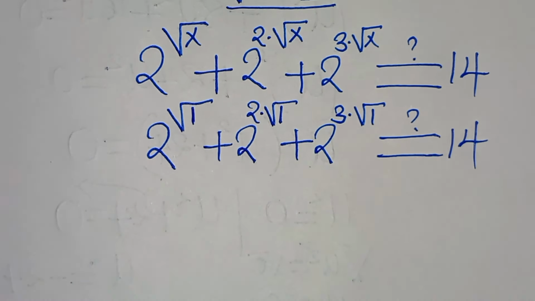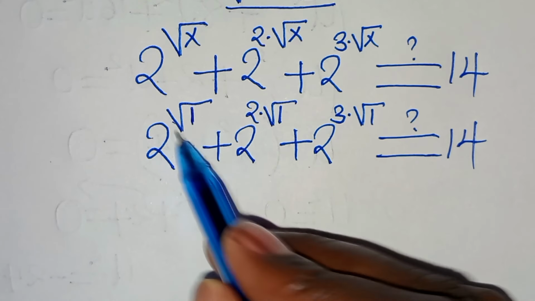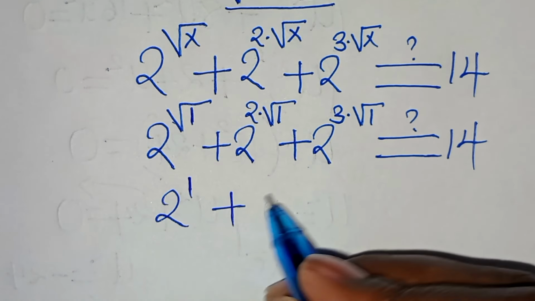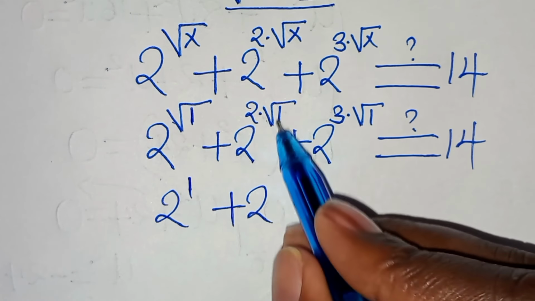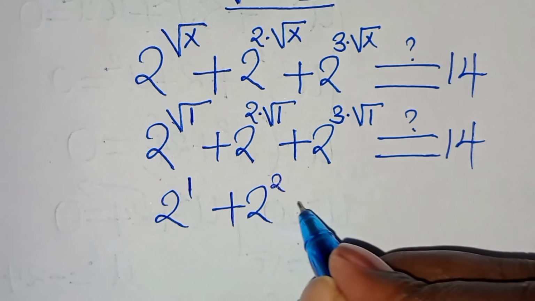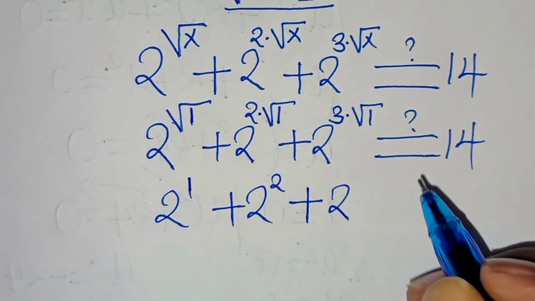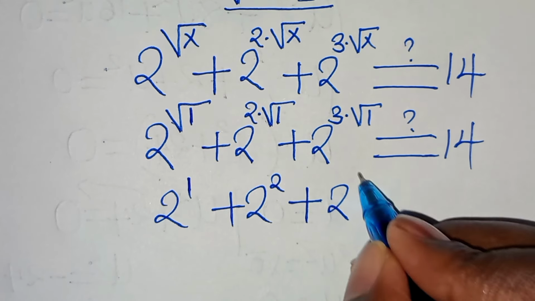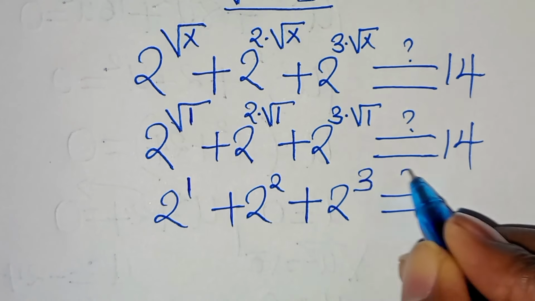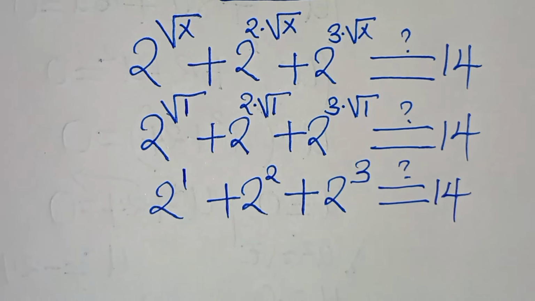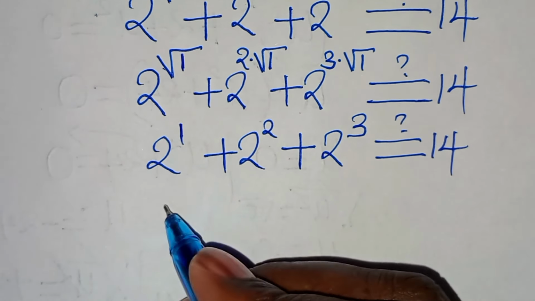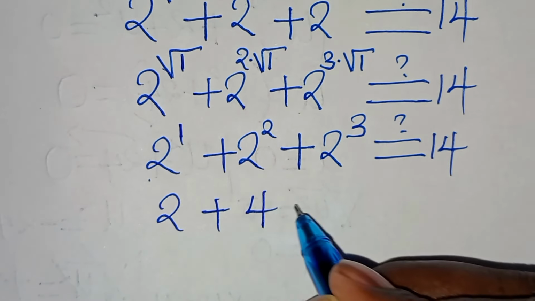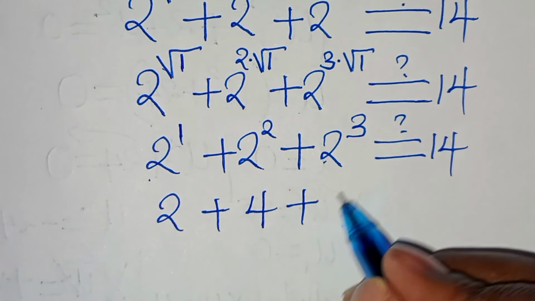So the square root of 1 is 1, so we have 2 to the power of 1, then plus 2 to the power of 2 times 1, which is 2, then plus 2 to the power of 3 times 1, which is 3, and this is supposed to give us a value of 14. So 2 to the power of 1 is 2, plus 2 to the power of 2, this is 4, then plus 2 to the power of 3, this is 8.